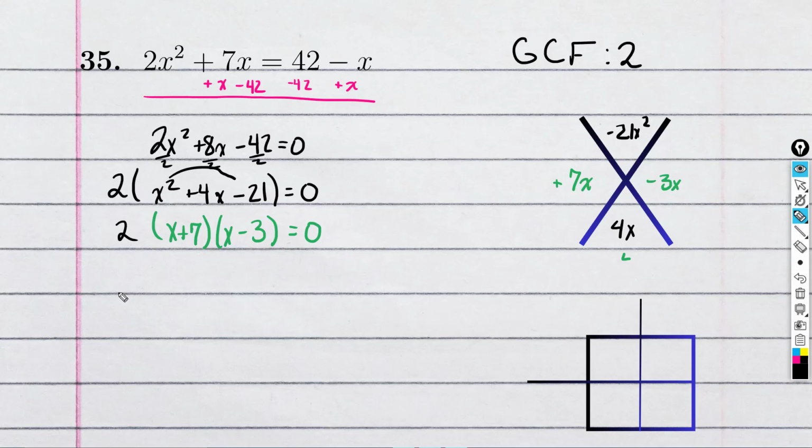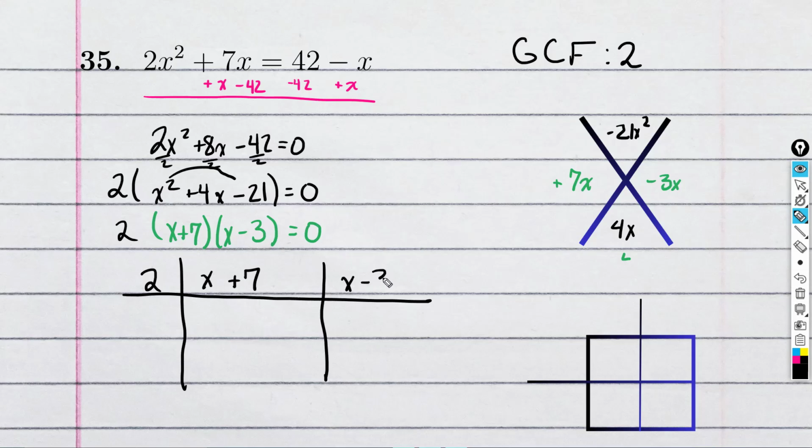Now we go over to our chart. This time we have 3 factors to work with: the 2, the x plus 7, and the x minus 3. We're going to set each of those equal to 0, and then solve each of the equations that have an x in them. So 2 can't equal 0, so that one's gone.